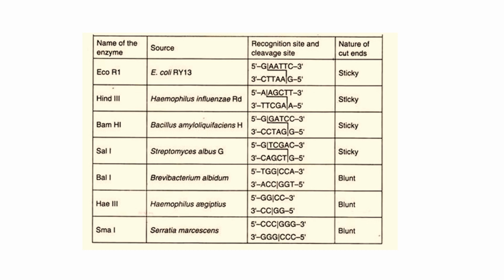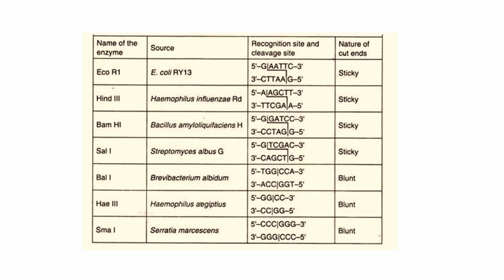Similarly, for Hind3, the recognition site is AAGCTT in 5 prime to 3 prime direction, and the cut site is after A in 5 prime to 3 prime orientation. Okay, you see here SmaI, the recognition site is CCCGGG.